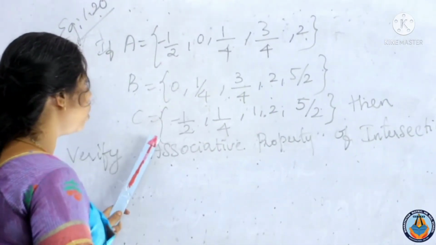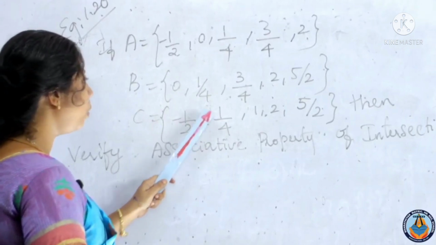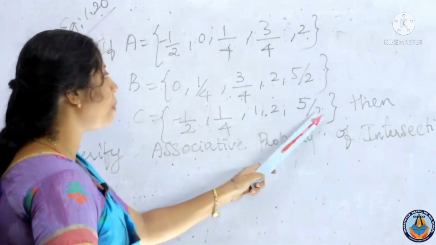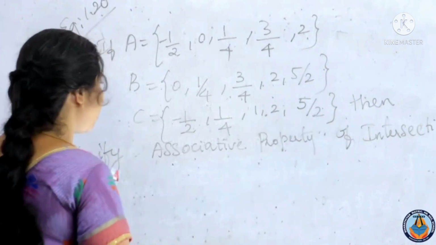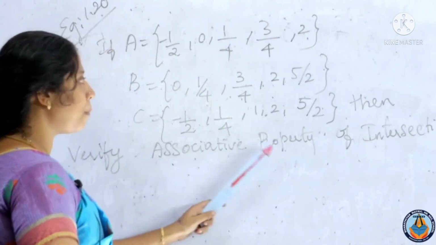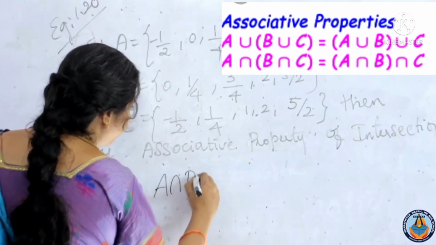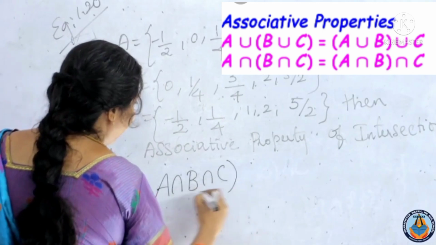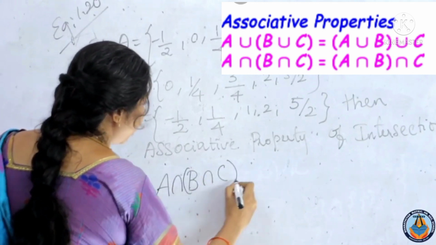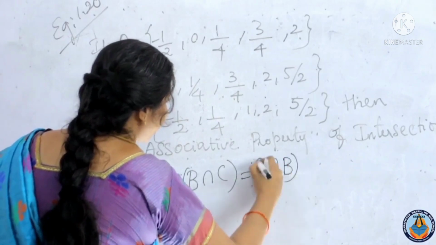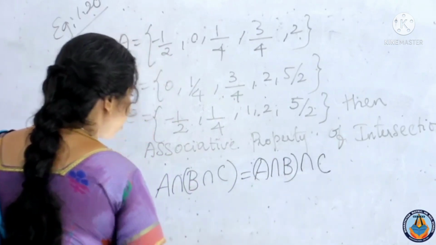C is equal to -1/2, 1/4, 1, 2, 5/2. Then verify associative property of intersection. Tell the associative property of intersection. A intersection B intersection C is equal to A intersection B intersection C.